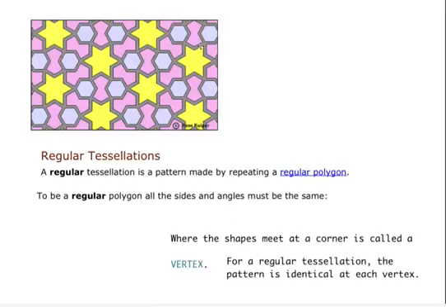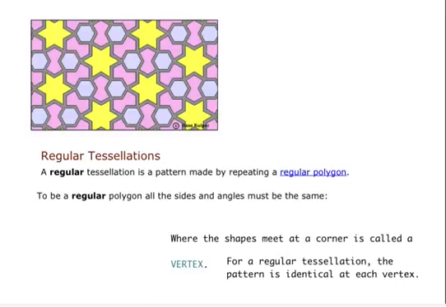So if we look at this star, each angle would be the same. If we look at this hexagon, each angle is the same. And this would be kind of a double pentagon if we drew a line right there. They're all straight, they are all the same angles, and they're all the same relative size.